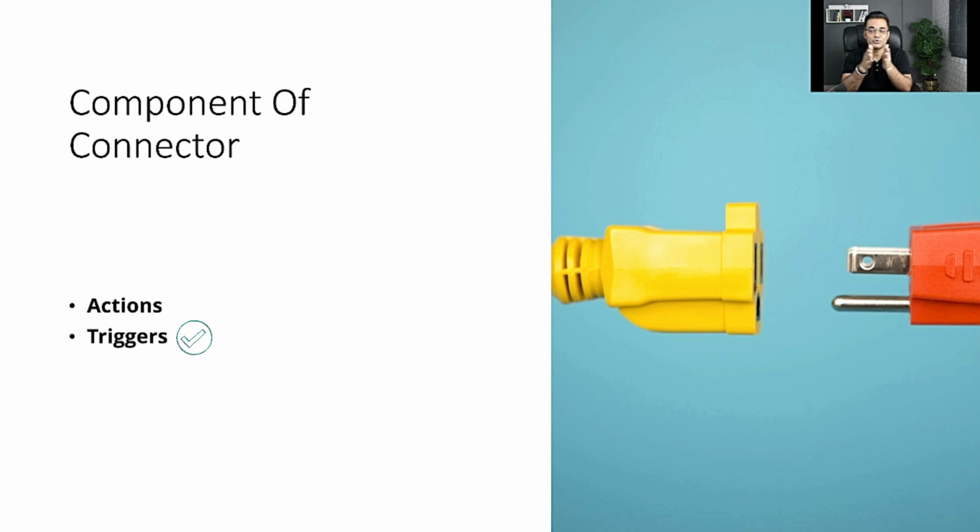For example, if you take the example of OneDrive, when a file is created, when a file is modified, when a file is deleted, all those triggers are available. So triggers are also nothing but an API webhook, you can say, because in a webhook, when some actions are performed in that particular application, they will call a webhook.